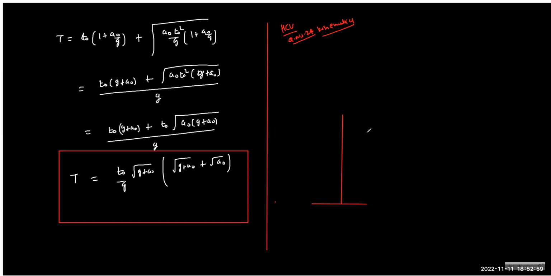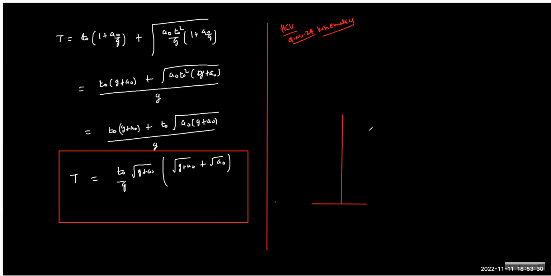Which kinematical equation? V equals U plus a t. Yeah, that gives you velocity, not displacement. No, S equals ut plus half a t square. Yeah, so how much is the answer? You start from rest, you accelerate for time t naught with an acceleration a naught. How much will you be displaced upward?